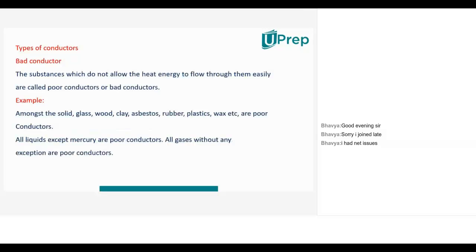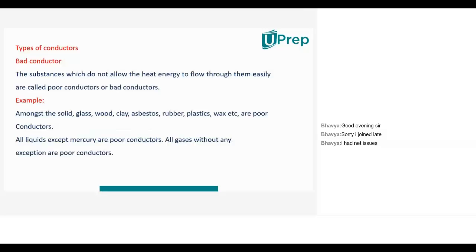Do you know? In graphite, only carbon atoms will be there, whereas in diamond, carbon atoms only will be there too. Diamond is the hardest substance, whereas graphite is very brittle.